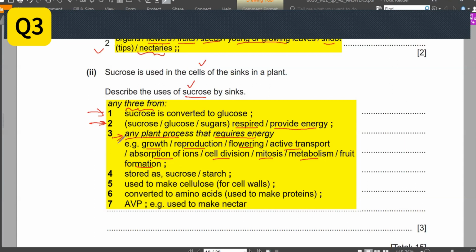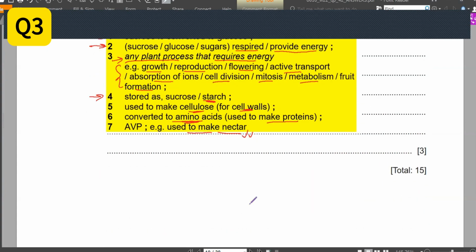All of the important processes in the plant need energy, and the sucrose can provide for that. Another thing is it can be converted into starch for storage purposes, or to produce cellulose for cell walls, or converted into amino acids to produce proteins. Or, as we mentioned just now, to make nectar or honey.